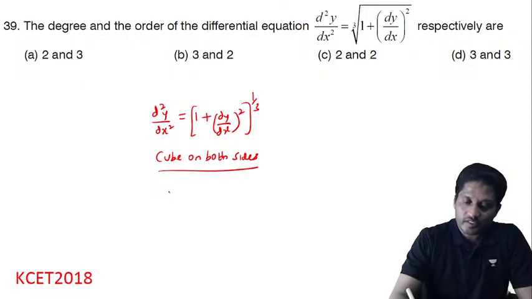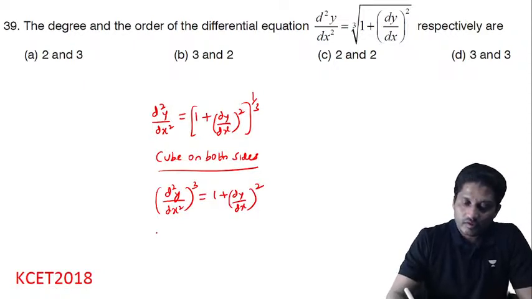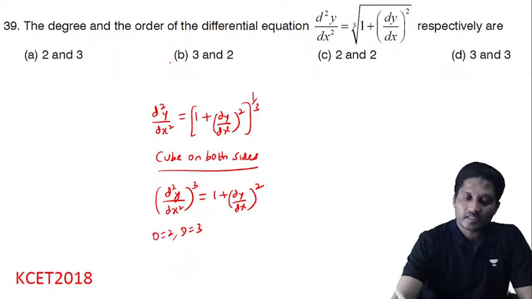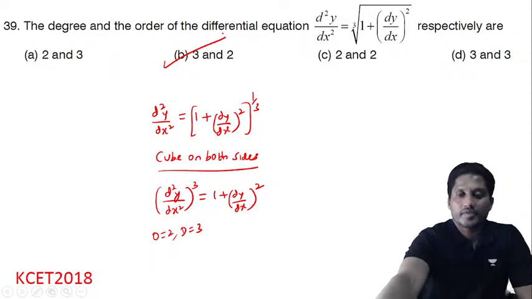If I cube on both sides, you get d square y upon dx square whole cube is equal to 1 plus dy by dx the whole square. Right, now order will be equal to 2, degree is equal to 3. Supposed to find degree and order. Degree is 3, order is 2. This is option B. Let's move to the next question.